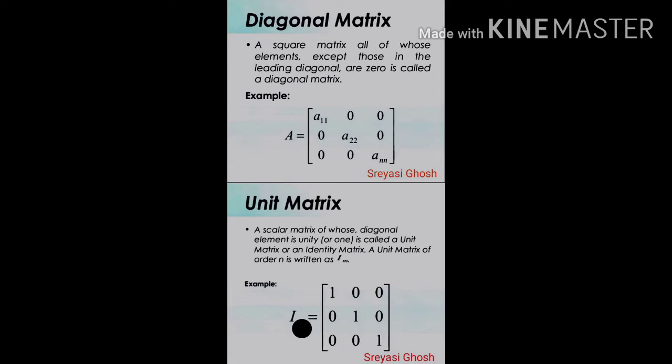Please keep this in mind, and in fact we can write this unit matrix simply as either I3 or I2. That means 2 cross 2 is not required or 3 cross 3 is not required, since it's a square matrix. So it will be the same row and column.